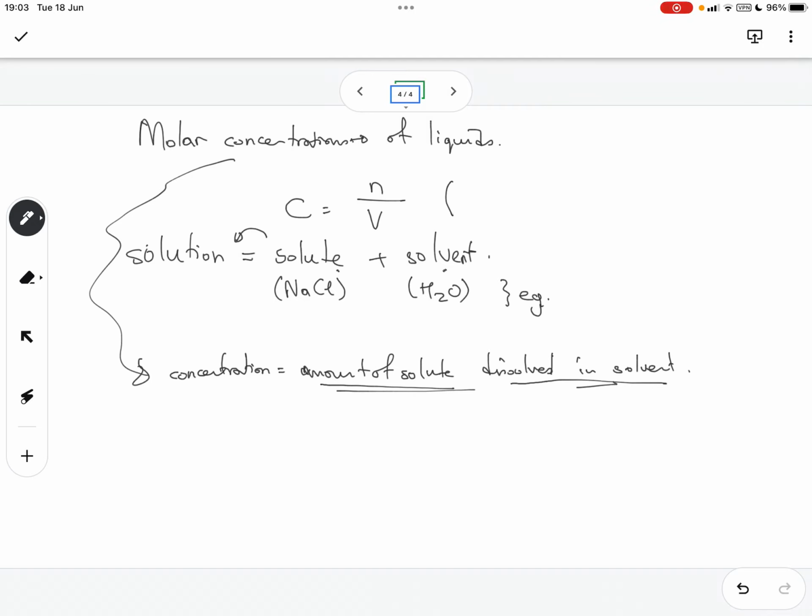And the units for concentration are moles, number of moles per dm cubed. That's because this one is measured in moles and this one is measured in dm cubed. So the units then become mole per dm cubed.